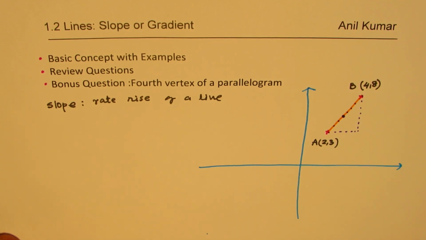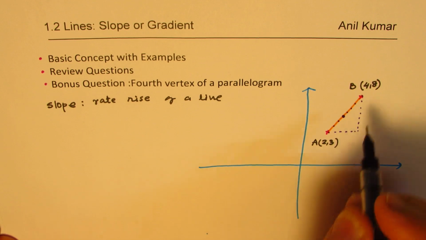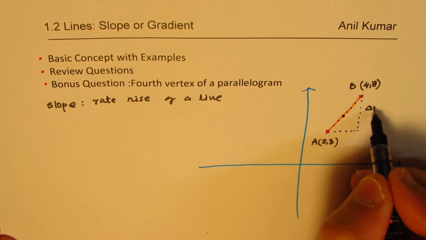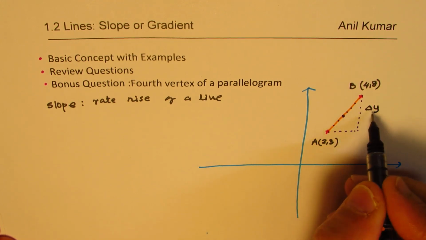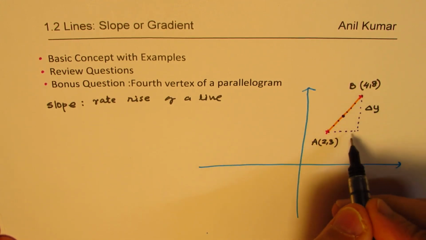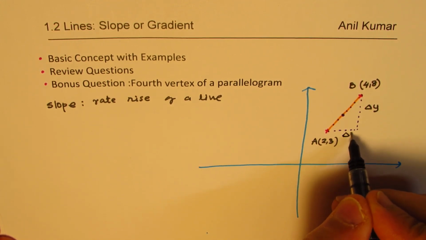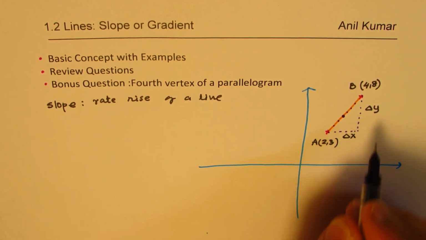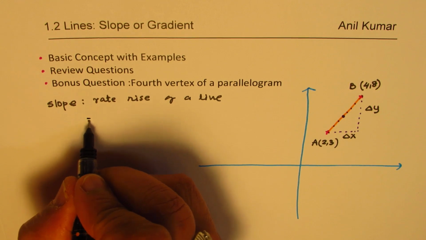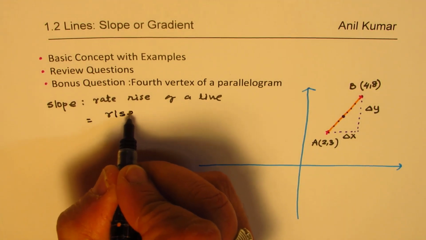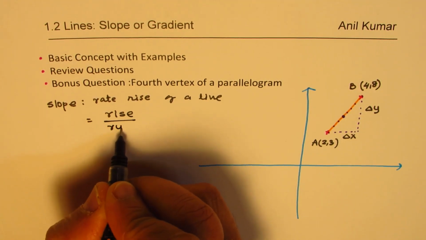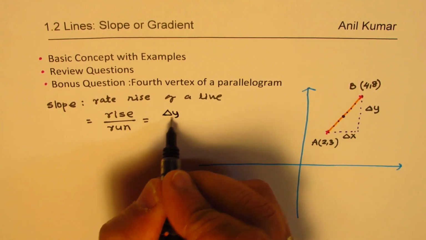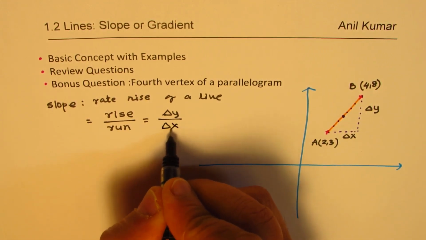Algebraically, we calculate slope by the change in height or rise, which we say delta y, and delta x as the change along the horizontal x-axis. So we define slope as rise over run, and algebraically it is change in y value over change in x value.